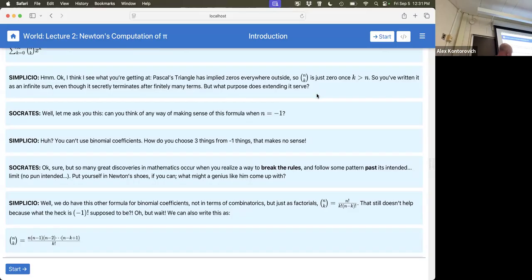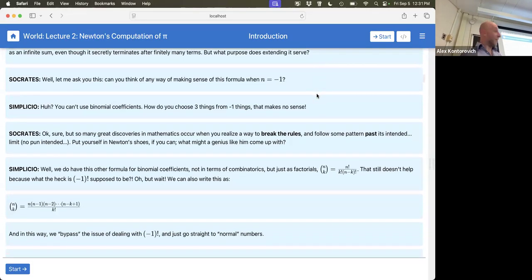That's k terms, and then k, k minus 1, down to 1, so that's still k factorial, but the numerator is now this thing. And maybe with this version of the binomial coefficient, the binomial theorem will still make sense with n equals -1. Let's see. This way we can bypass the issue of what -1 factorial is supposed to mean and go straight to normal numbers.